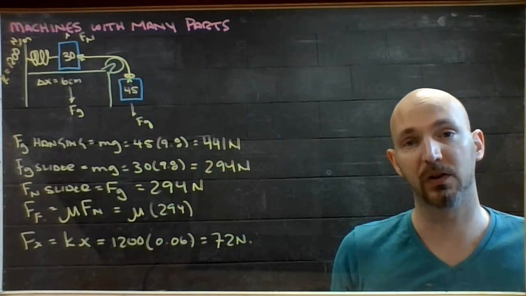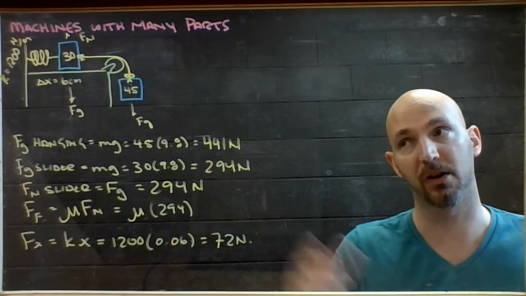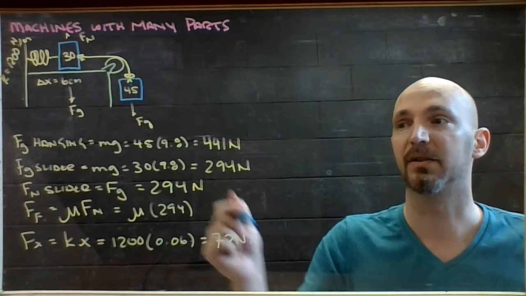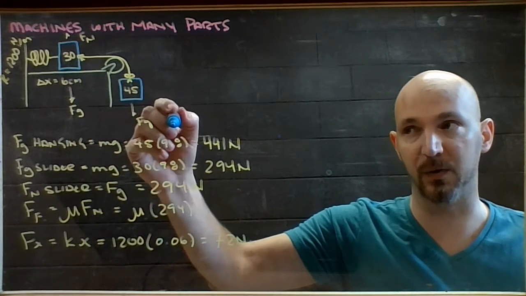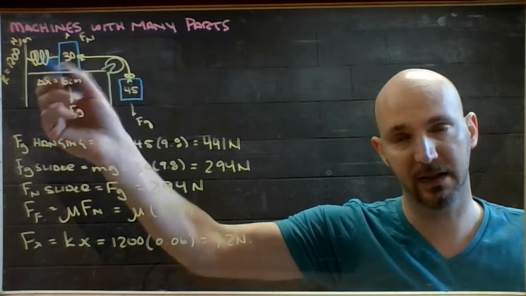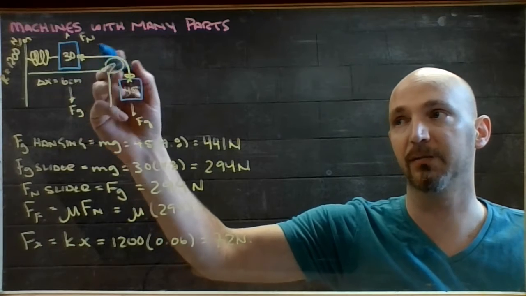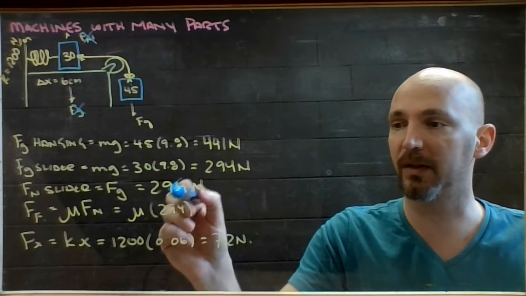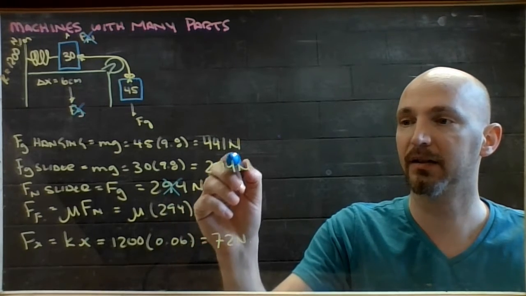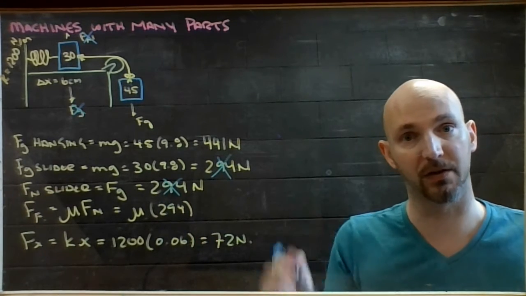So I'm going to have to look and think about which forces are in line with the motion. So this gravity will cause the string to move. The spring is in line, so is the friction, but the normal force and this gravity are not. So I am not going to need to include that or that in my big long chain.